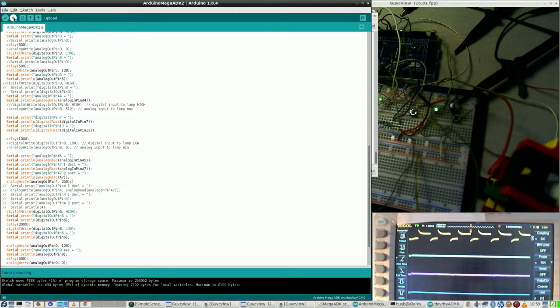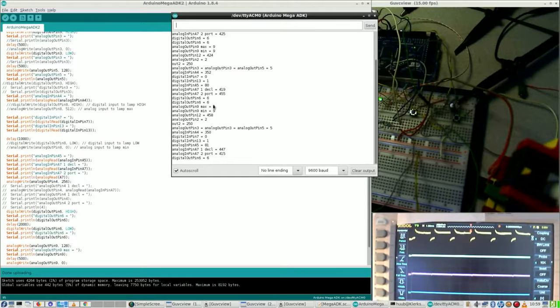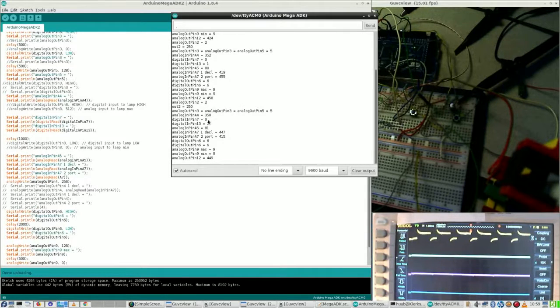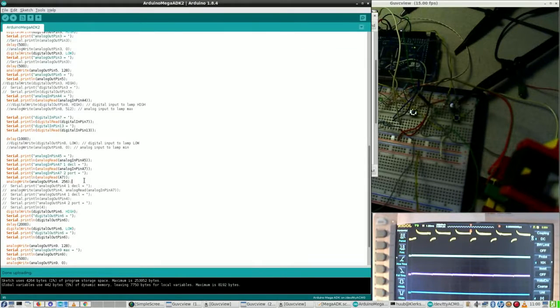Alright, let's do that. No, that's in pin. Wait, I'm looking wrong. Analog out pin. Oh wait, I'm not reading that. I'm not reading what it is.